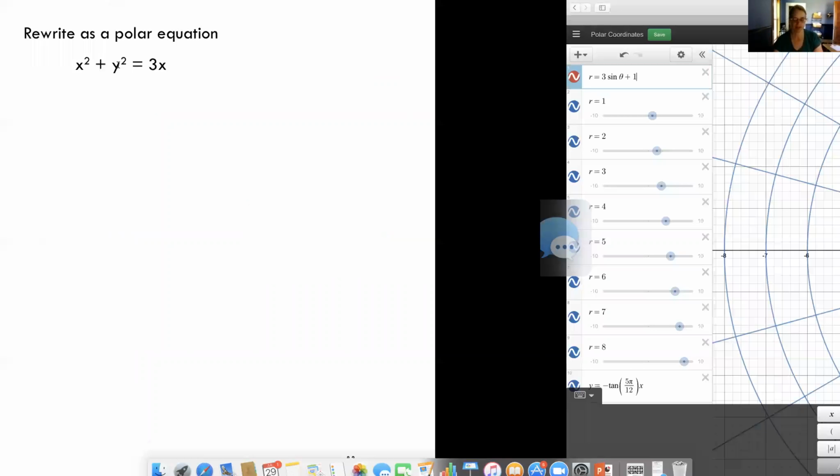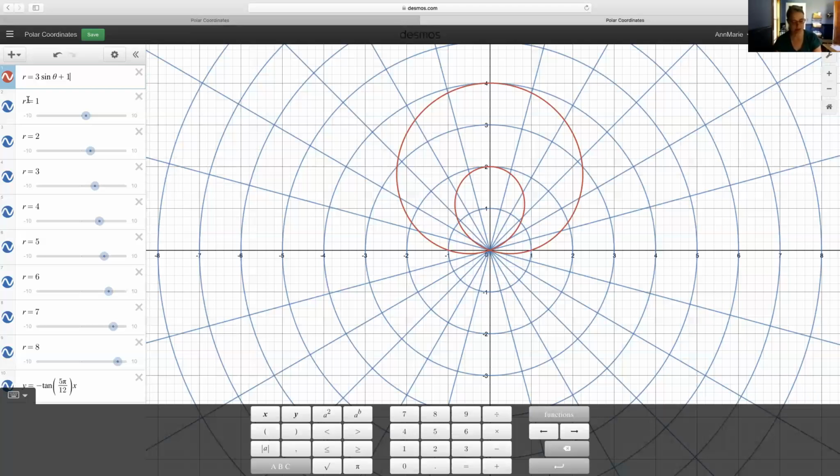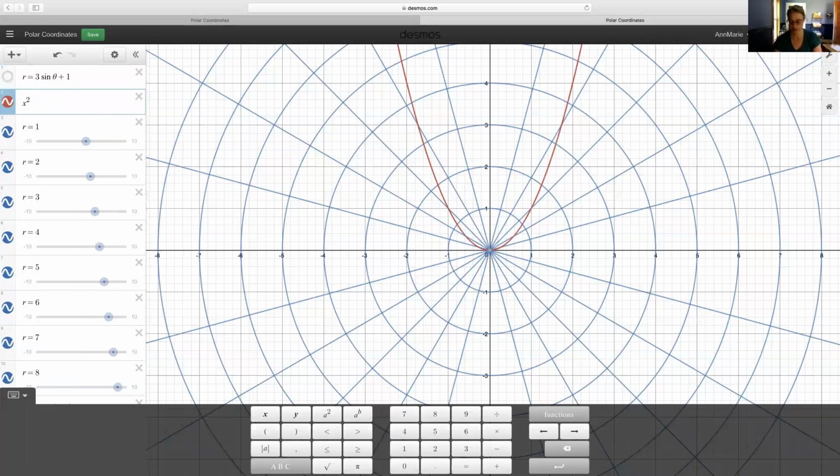So let's put this in, turn this one off for a minute. And we're going to put in x squared plus y squared equals 3x. And we get a shifted circle. If we had put that in standard form, we would have been able to figure this out.